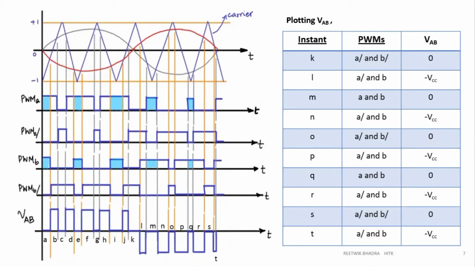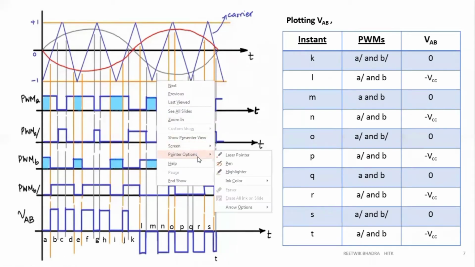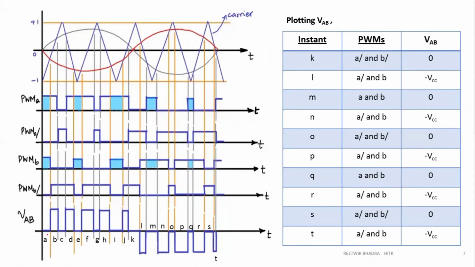Now, I have also told you that the output voltage will have a fundamental component of 50 Hertz. If you draw a sine wave over here and compare it with this one, is it matching with the reference wave? Yes.